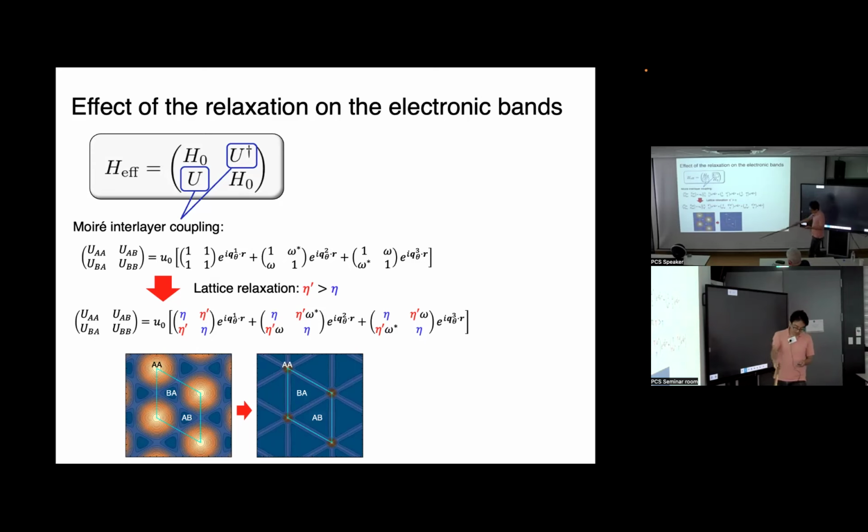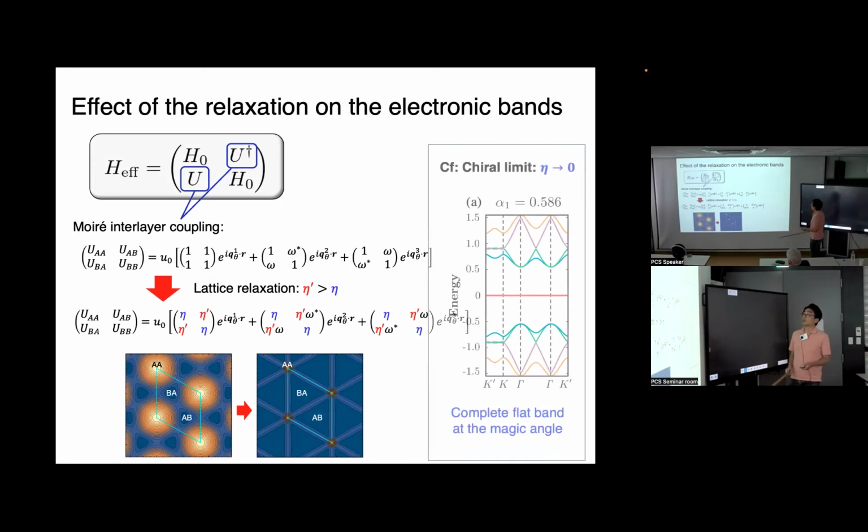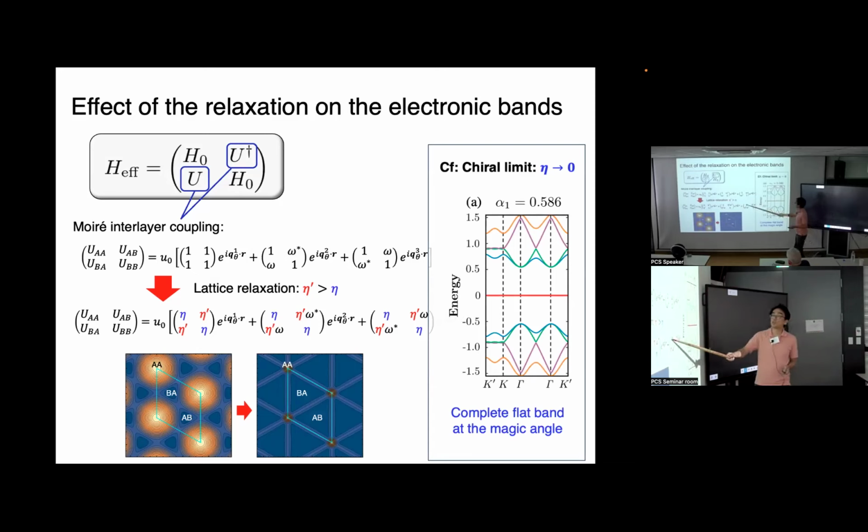If you go to the further limit, this is actually chiral: if you completely neglect the diagonal part, meaning the AA coupling, then you have perfectly flat bands. So this is the chiral limit. Relaxation pushes the system toward the chiral limit. That's why you have a chiral limit. And in a recent paper, this can be explained by some index argument.